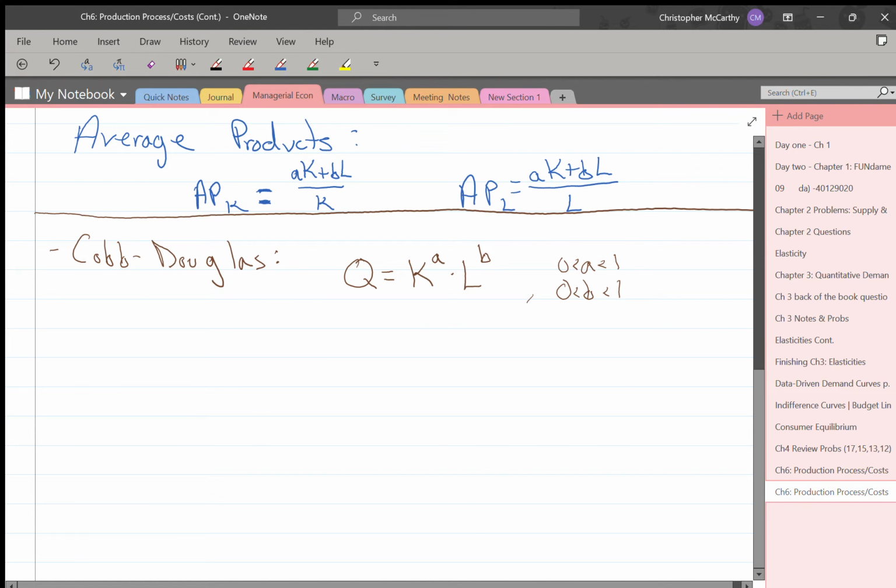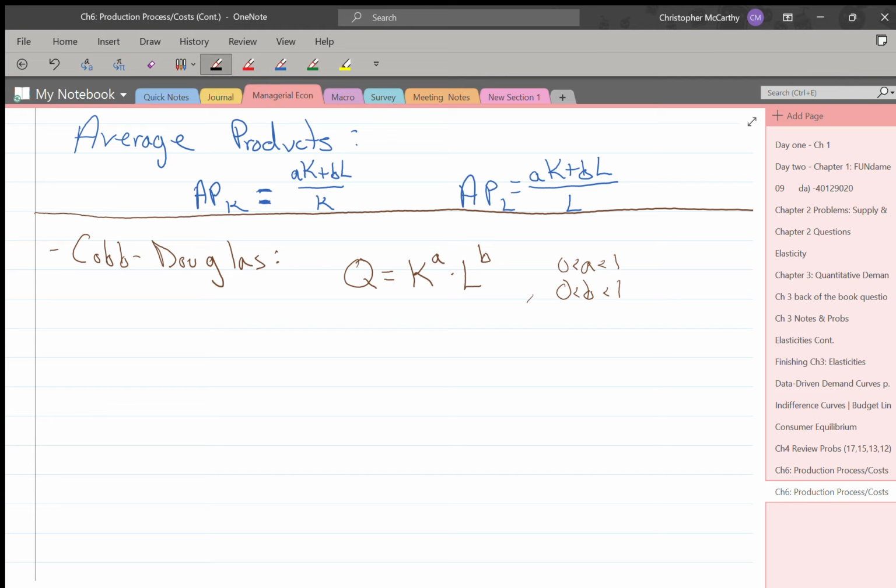Our marginal products here take a little bit of calculus to really understand, which we're not going to do in this class.